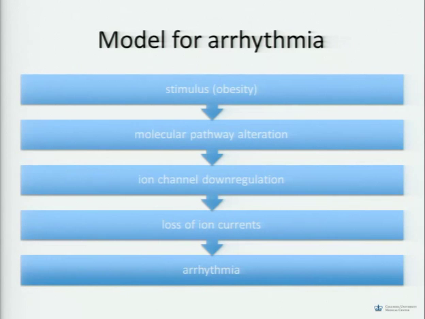So we've developed a model to explain long QT and arrhythmia development. So obesity serves as some kind of stimulus. There's a change in the molecular pathway that we're currently investigating. The ion channels required for depolarization and repolarization are downregulated, and when they're downregulated, we can't generate the currents necessary for consistent depolarization and repolarization.